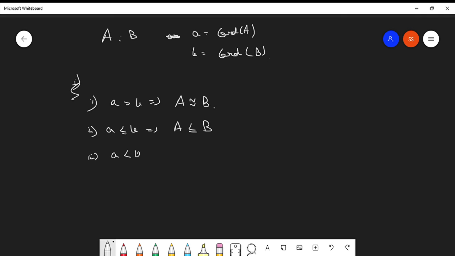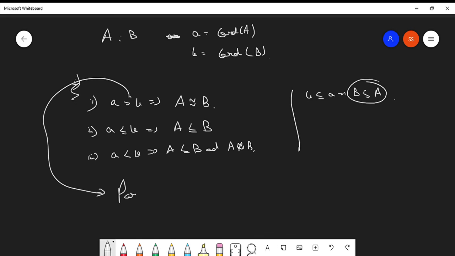If a is less than b, then A is dominated by B and A is not numerically equivalent to B. If b is less than or equal to a, then B is dominated by A. Clear? Got it?